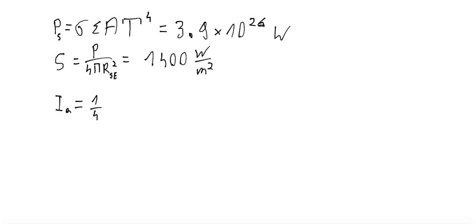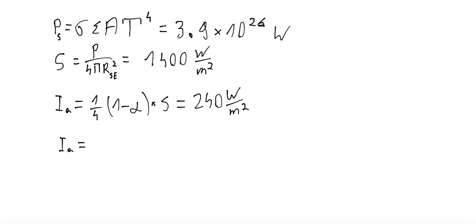The origin of this quarter is the ratio between the surface area of the sphere and the surface area of the circle. We've used the albedo, which for the Earth is 0.3, and this solar constant, and we've obtained around 240 watts per square meter.